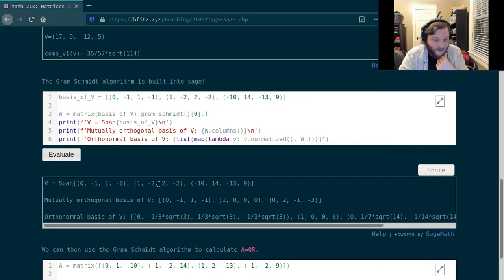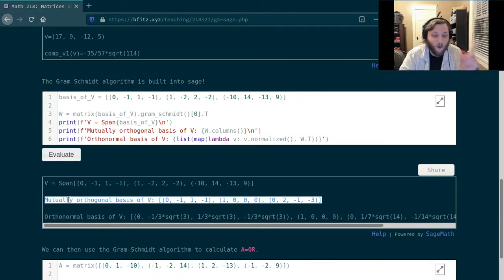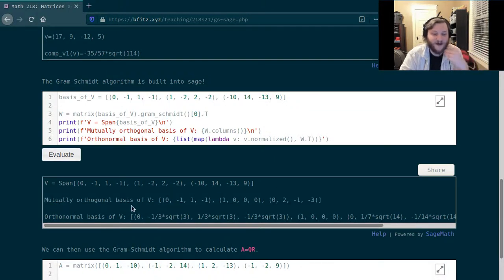Here I have my 3 vectors in R4. And then the next line will give us the mutually orthogonal basis of the space. These are the W's that pop out of the algorithm. Here I get (0, -1, 1, -1), (1, 0, 0, 0), and (0, 2, -1, -3). So those are the W's.